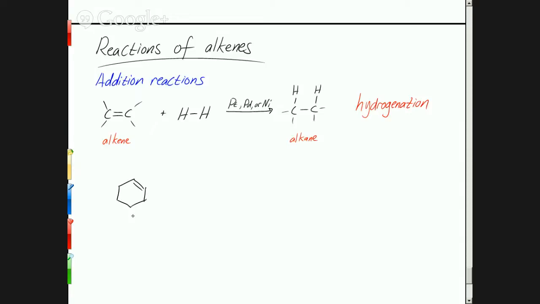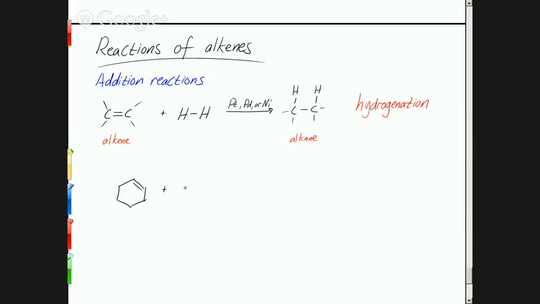Let's say we took this molecule. What would you name this one? Practice a little bit. Close. It's got 6, so the hex part was right. But what else is there? Cyclohexene, right. So this would be cyclohexene.